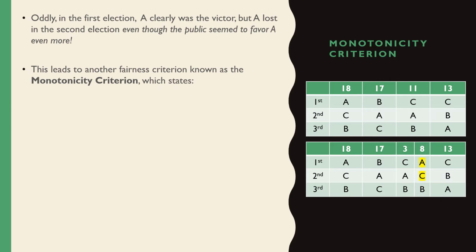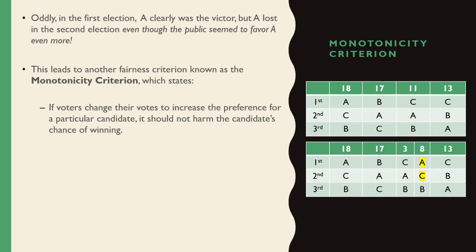What's up with that? Well, this is just a weird quirk of this particular voting system known as the monotonicity criterion, which says that if people change their vote to increase a preference towards a particular candidate, that shouldn't harm that candidate's chance of winning. Which is to say, this thing that just happened should not happen. Again, these things don't have to be true, but we feel like they should be.